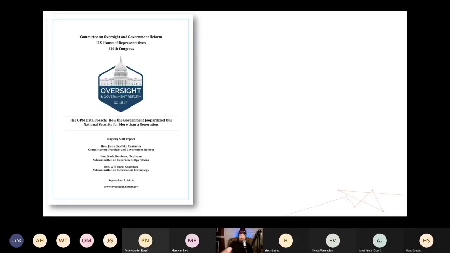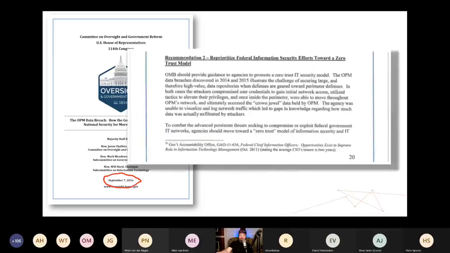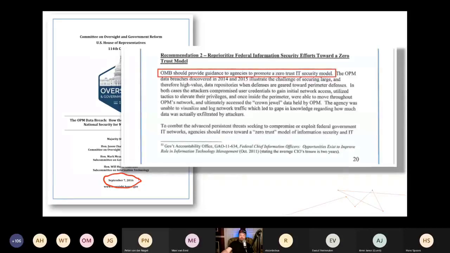But back in 2016, this was a watershed moment for Zero Trust, because at that point they came out and said all federal agencies should do Zero Trust. So, of course, it took 5 years for this to happen, right? This tells you how speedy the U.S. federal government is.